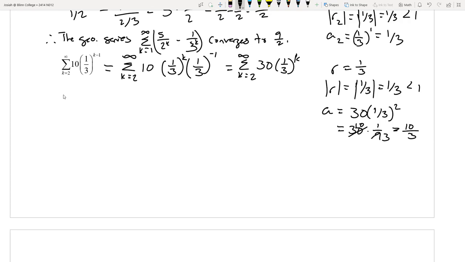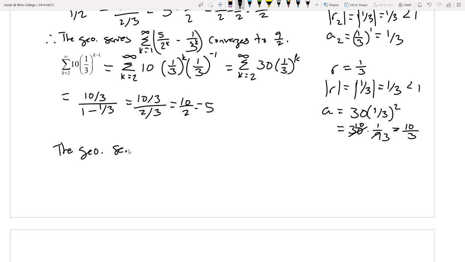We'll write that into our formula, a over 1 minus r. So we get 10/3 over 2/3, so 10 over 2, which is 5. So the geometric series, we copy that down again, k equals 2 to infinity of 10 times 1/3 to the k minus 1, converges to 5.